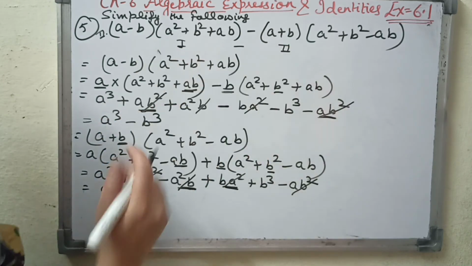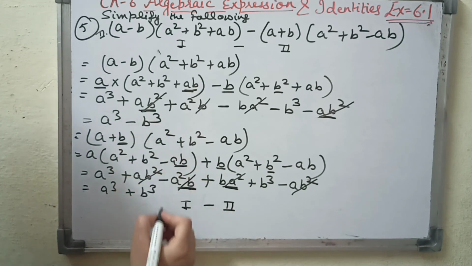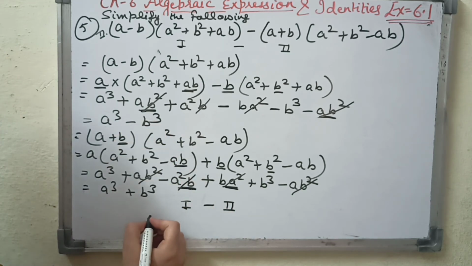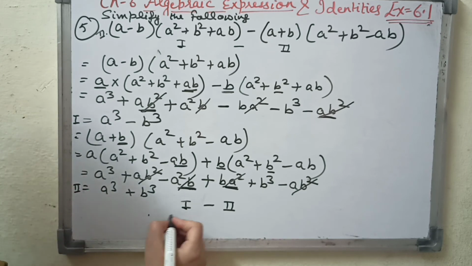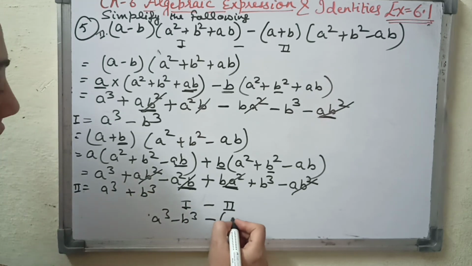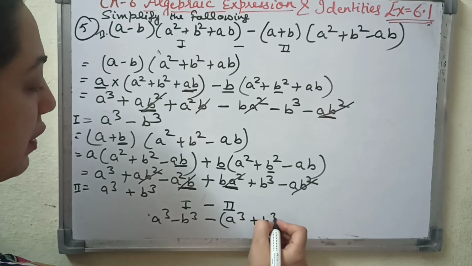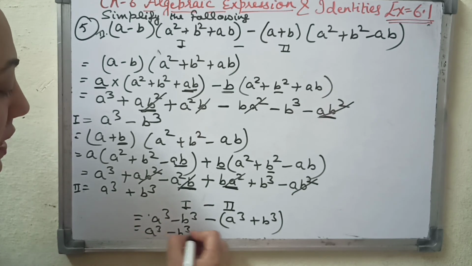Now, in the given expression, we have first term minus second. We have to subtract both the terms. This is your first term and this is your second term. Now, the first term is a cube minus b cube, and the second term I put in the bracket because there is a negative sign, a cube plus b cube. Now, simplify it further. A cube minus b cube.